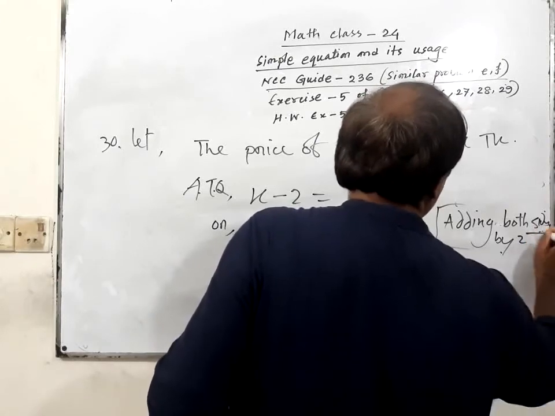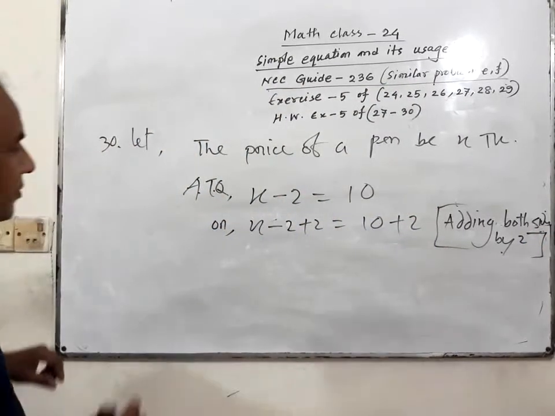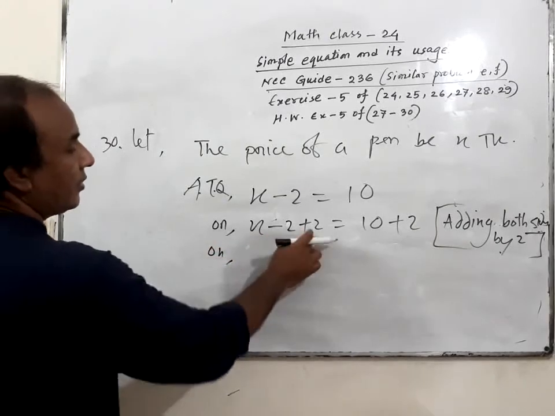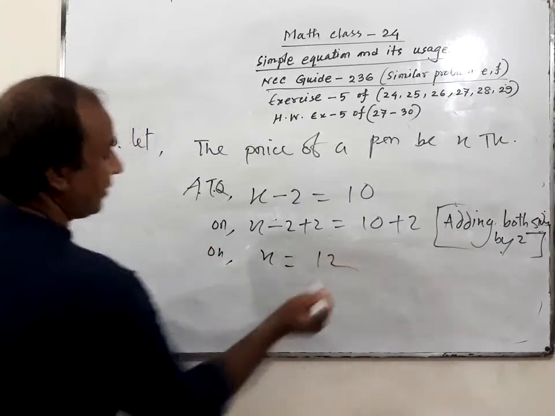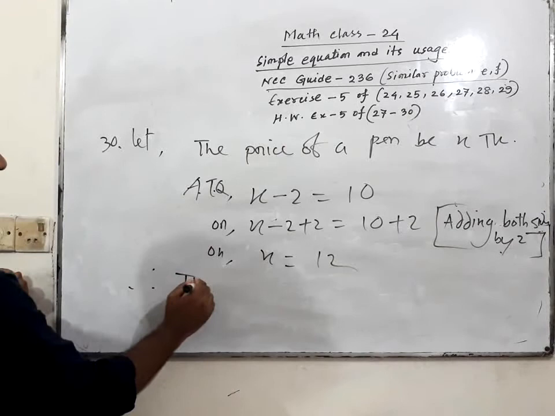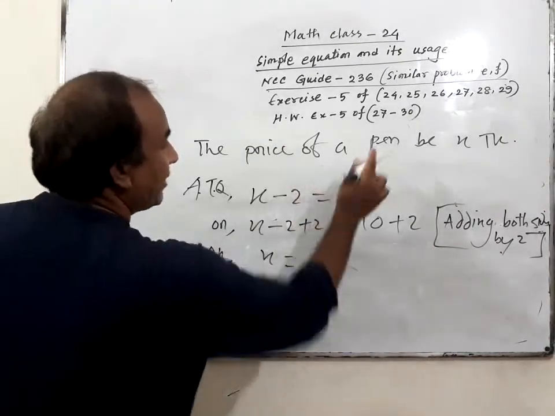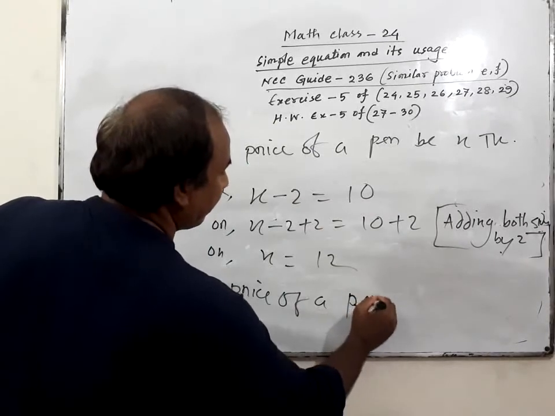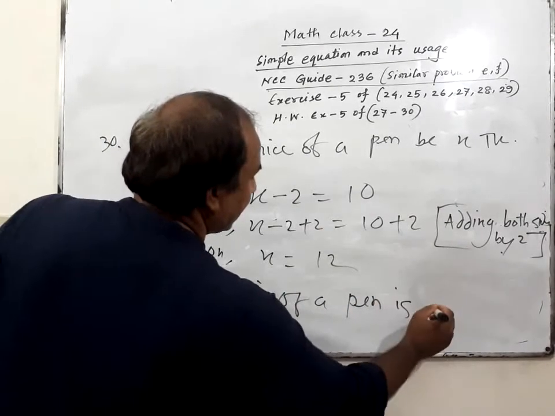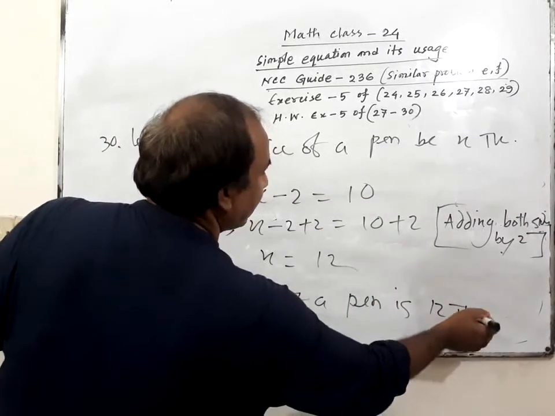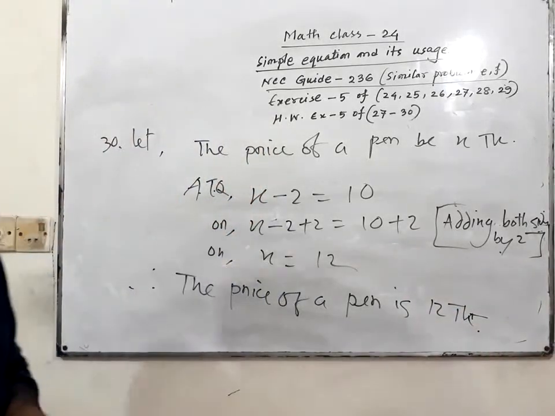Sorry, adding both sides by 2. So x equal to 12. The price of a pen is 12 taka. This is the result.